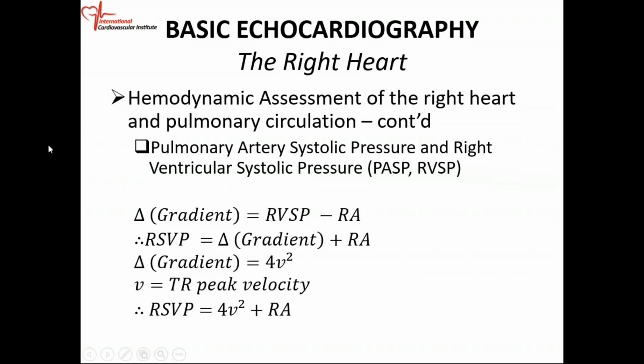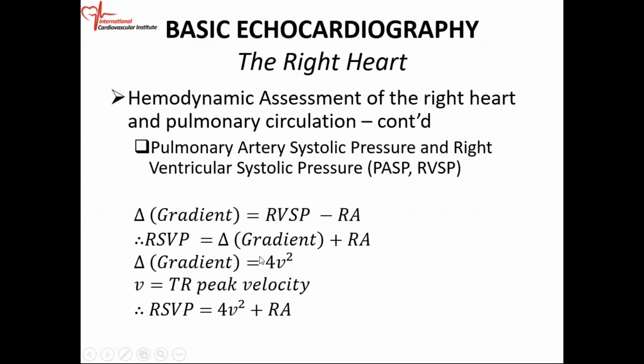Once you rearrange the equation, the RV systolic pressure is equal to the gradient plus the right atrial pressure. And the gradient from the modified Bernoulli equation is 4v squared, where v is the peak TR velocity.